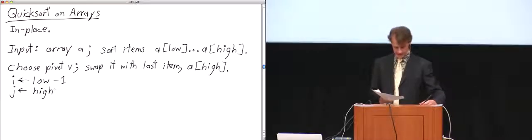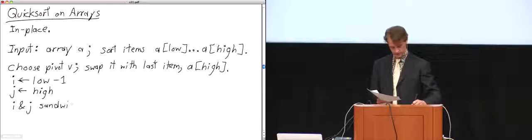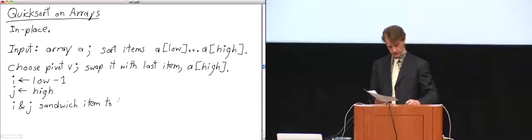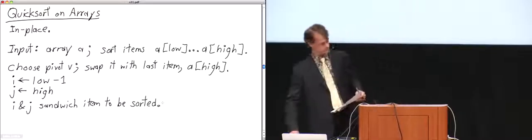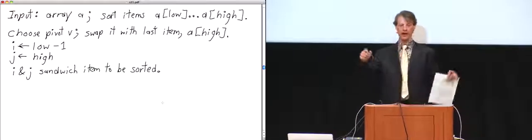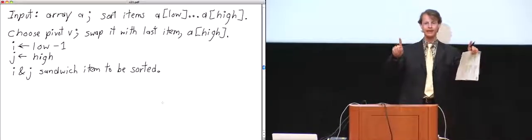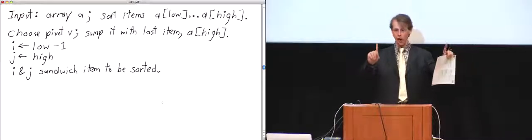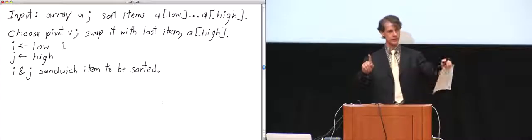And the idea is that as I go through, i and j will sandwich, so to speak, the items to be partitioned, not including the pivot. I'll show you what I mean by that in a minute, but basically all the keys we want to sort are between index i and j, not including index i or index j.